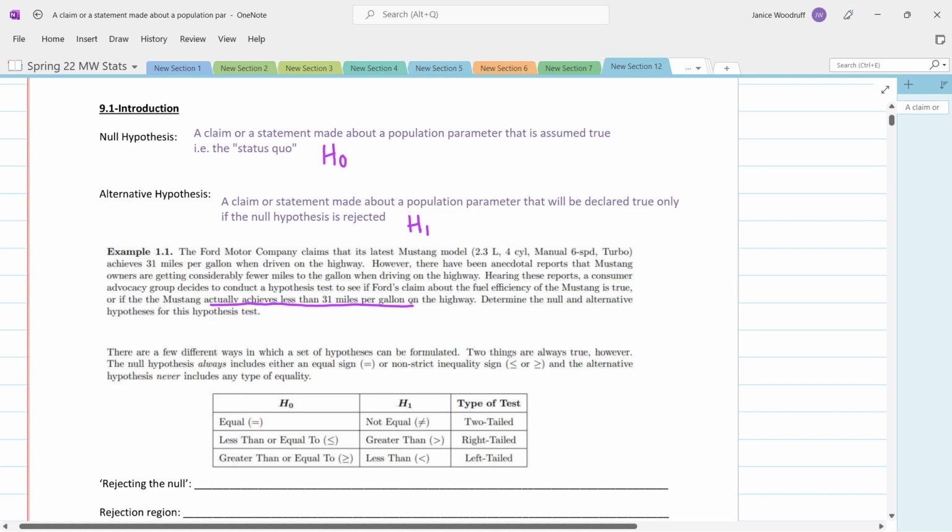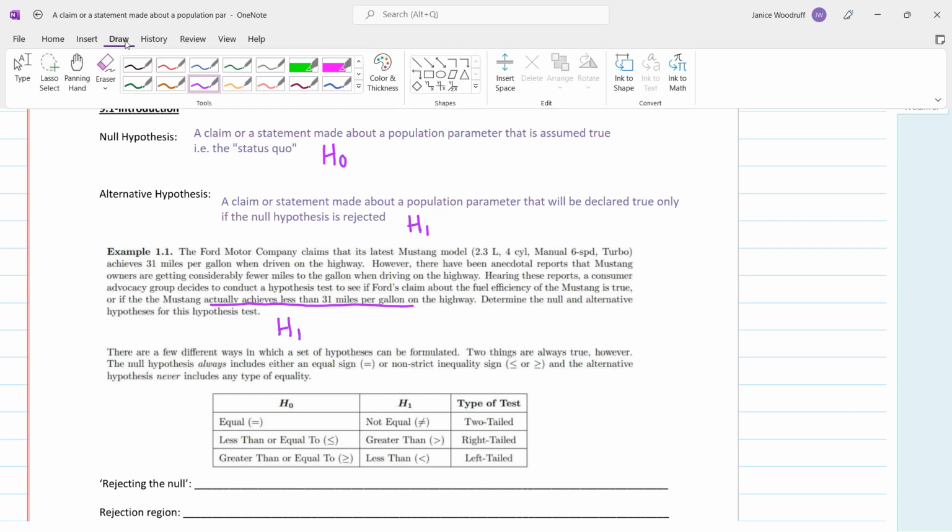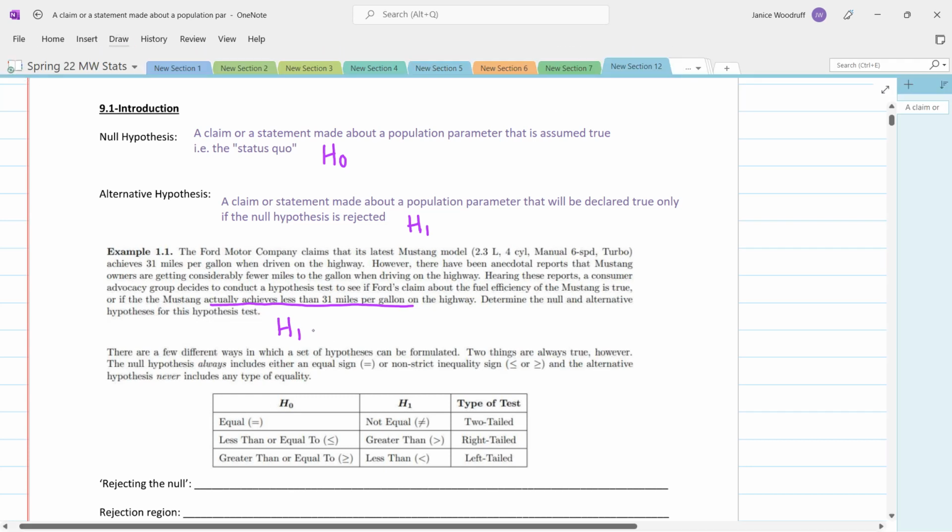So that's the alternative hypothesis. Does it actually not do what they're saying? So we're going to say the alternative hypothesis is that the parameter, which is the mean, is actually less than 31 miles per gallon. So that would be the alternative.